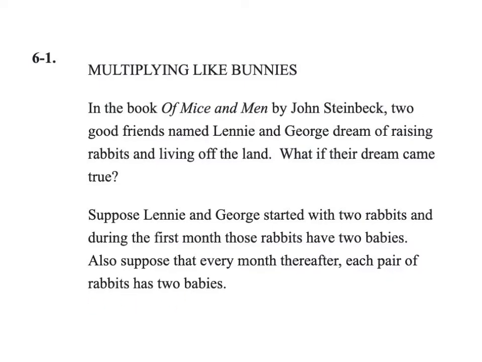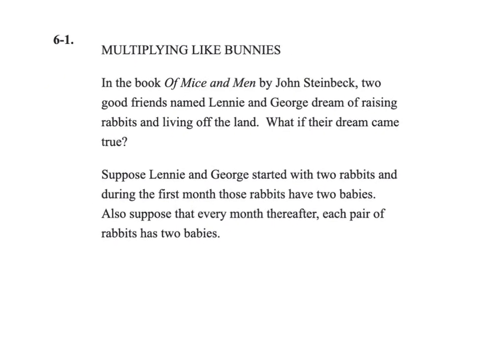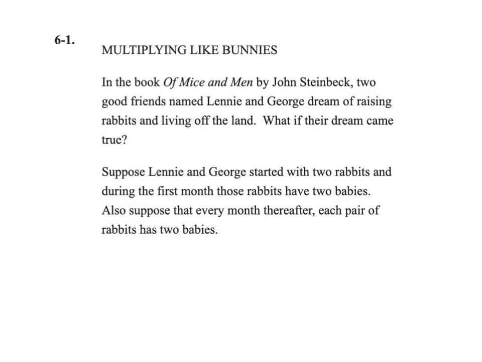Okay, so let's think about this. First off, let's just laugh a little bit about this situation, about rabbits and all the other topics that go with this. So they're starting with 2 rabbits, and during the first month, these 2 rabbits have 2 babies. And suppose every month thereafter, each pair of rabbits has 2 babies.